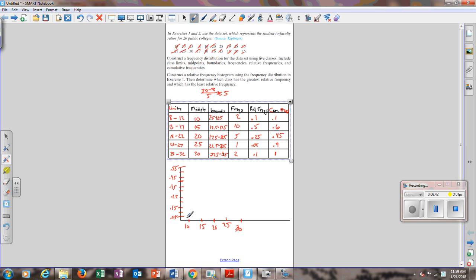Okay, for the 10, relative frequency was 0.1. So we're going to draw a rectangle that comes up to 0.1 and goes down. You can tell mine's a little higher than 0.1.